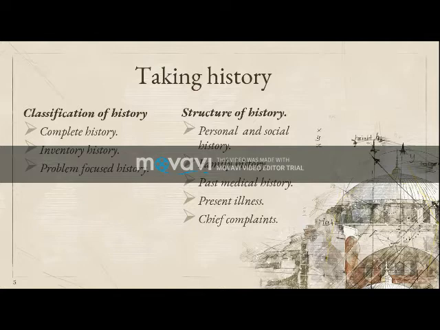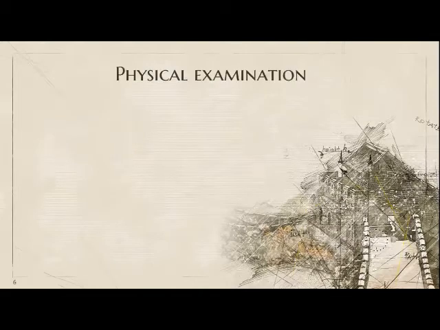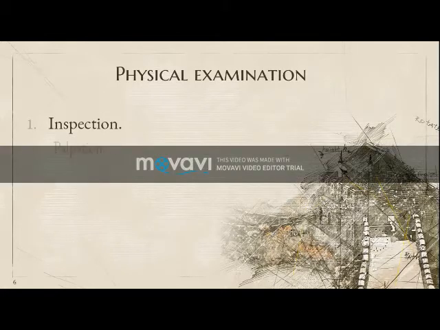And next we'll see physical examination. In physical examination, there are 4 steps, as you know: inspection, palpation, percussion, and auscultation. Inspection means you do the examination by observing, by seeing.